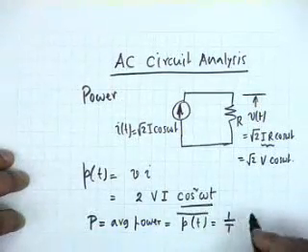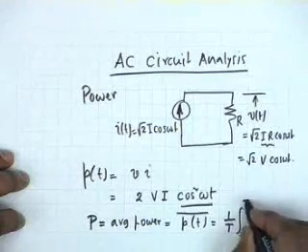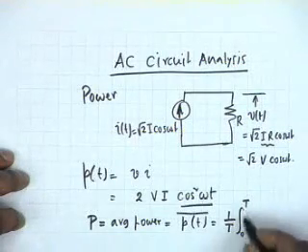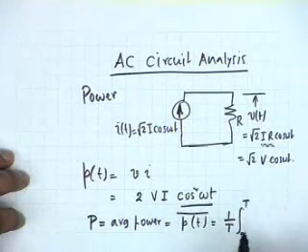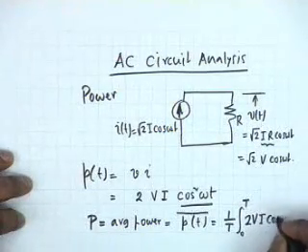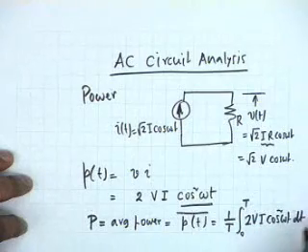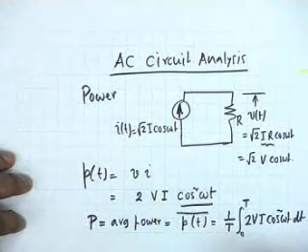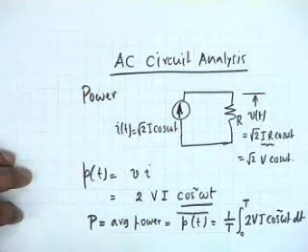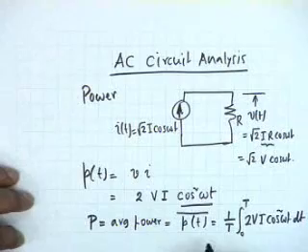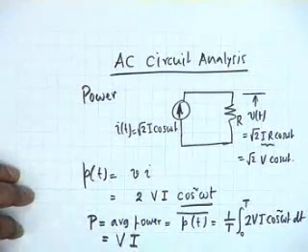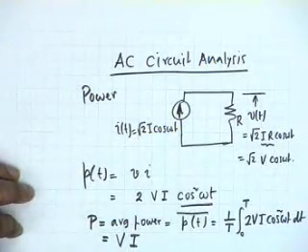Another notation is P of t average, where this average is over a cycle. In other words, it is 1 by T integral from 0 to capital T, or from any other instant of time, small t1 to t1 plus T. The only thing is it has to be one complete cycle, of twice V I cosine squared omega t dt. And you know the average value of cosine squared or sine squared over one period is half, and therefore the average power is simply equal to the product of the root mean squared values of the voltage and current.